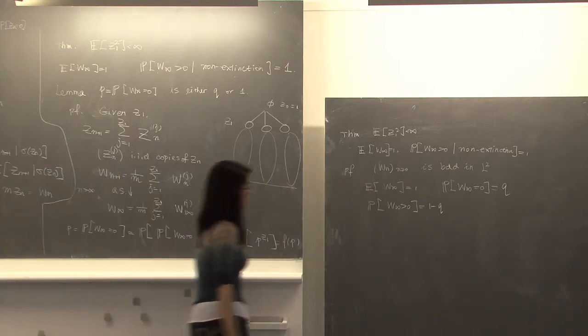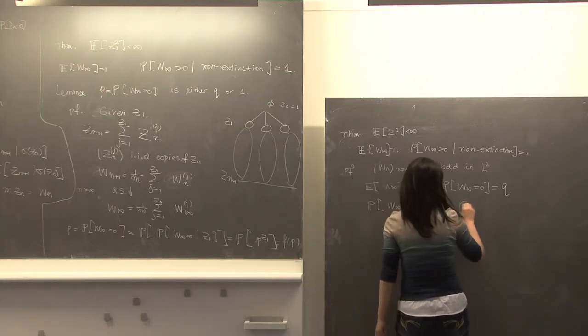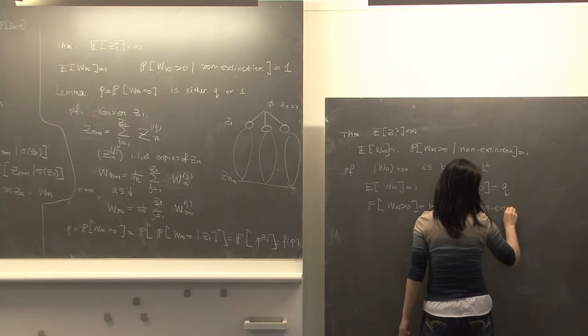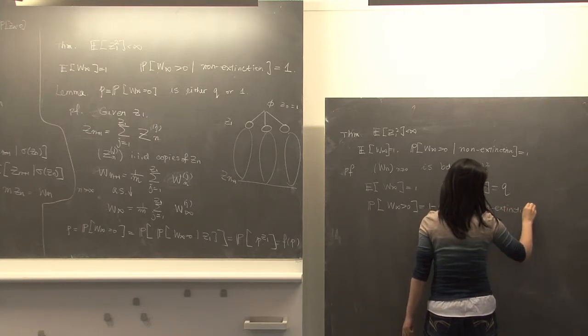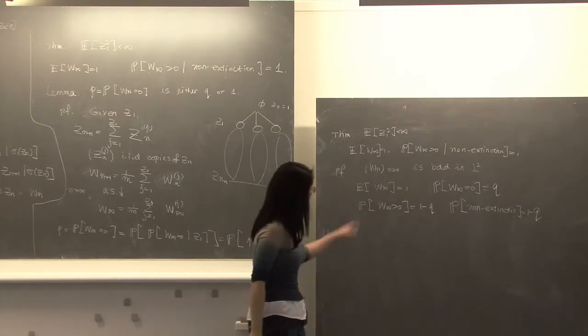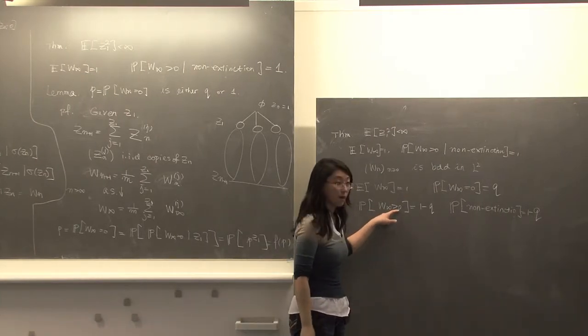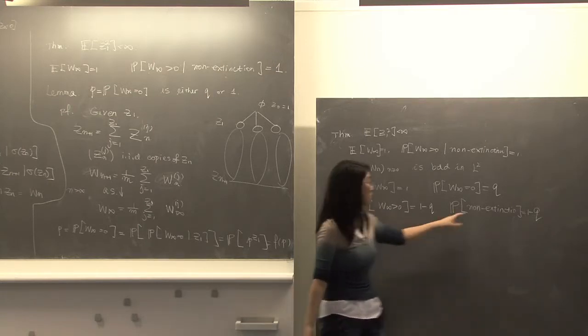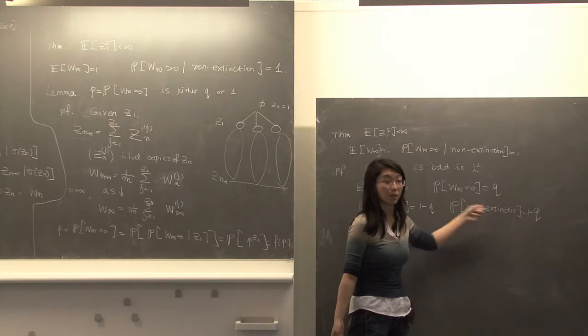We also know that the probability of non-extinction, so the probability for the tree to survive, is also 1 minus Q. And W infinity being strictly positive means Zn can never be 0. So this is a subset of non-extinction, but they have the same probability.